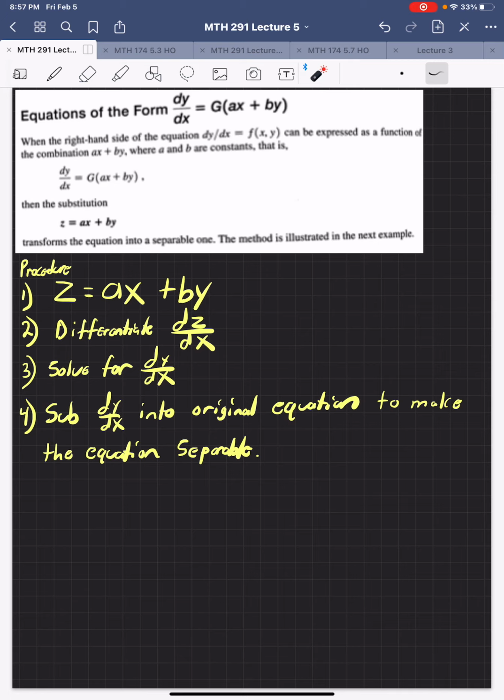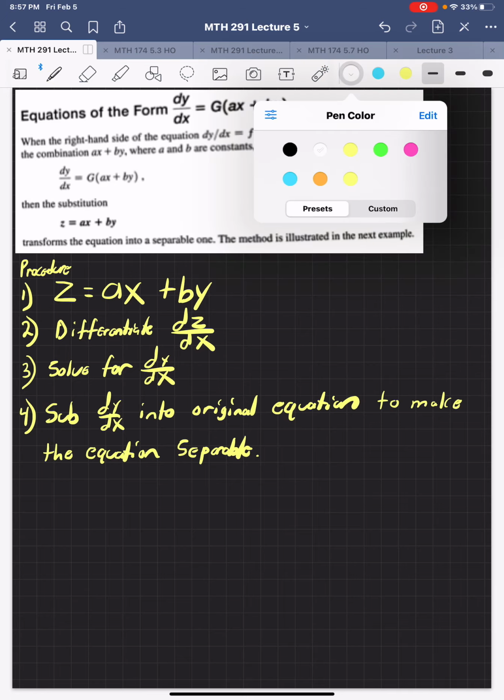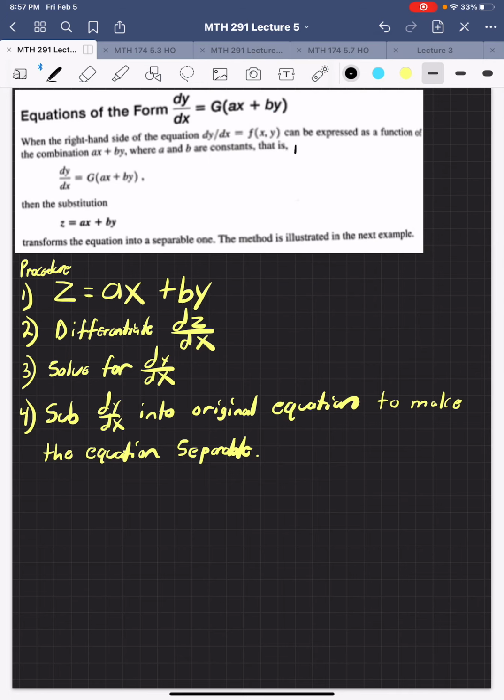Example. dy dx is equal to x plus y plus 2 plus x plus y squared.